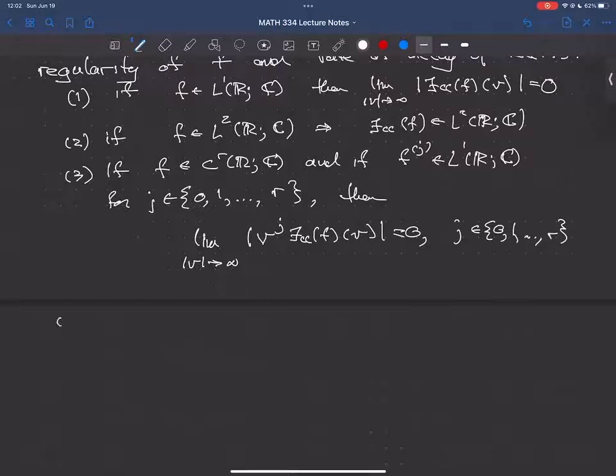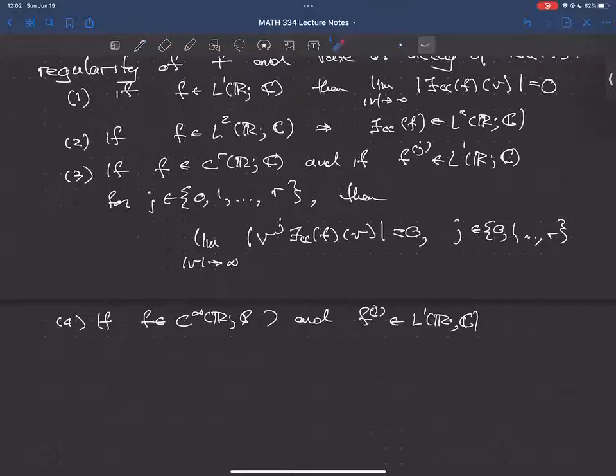And then if f is C infinity, and if all derivatives of f are in L1, okay, so you might wonder whether, let's say, f^(5) is in L1, does that imply that already f is in L1?